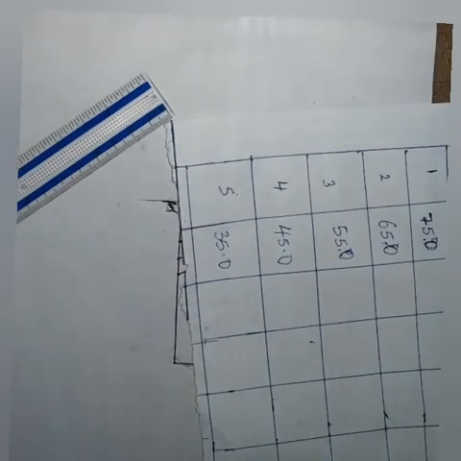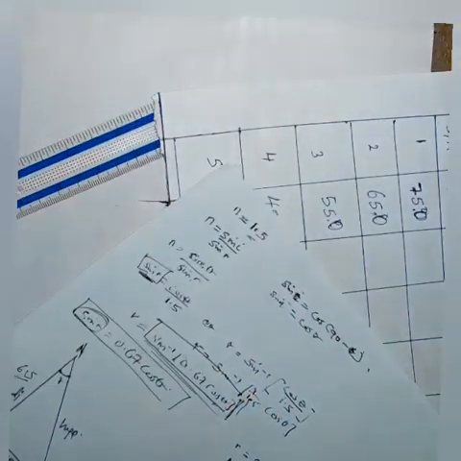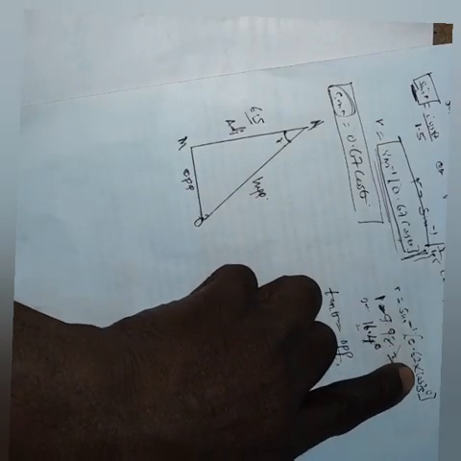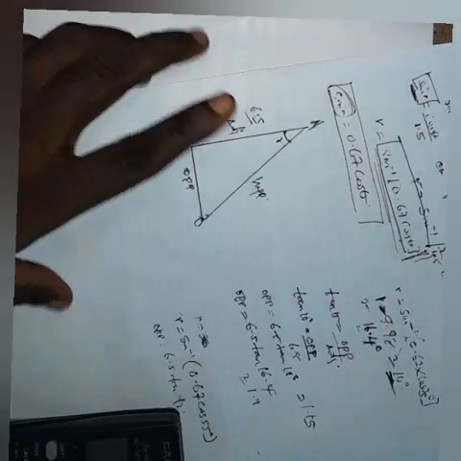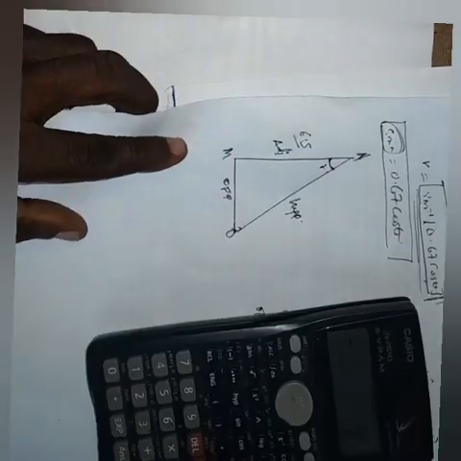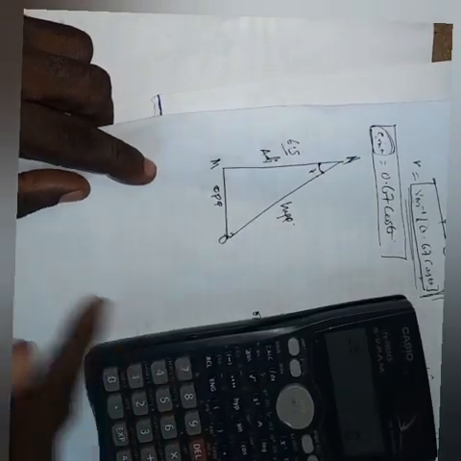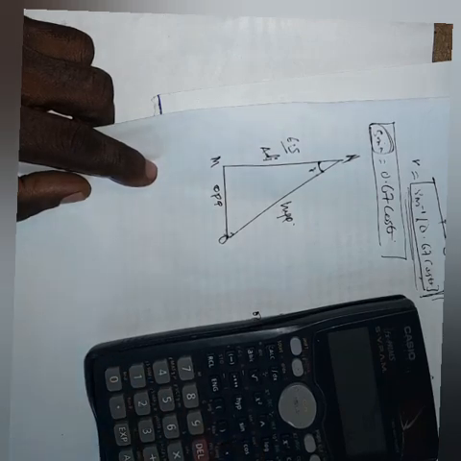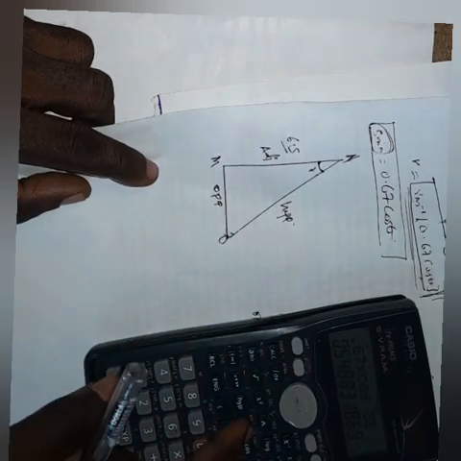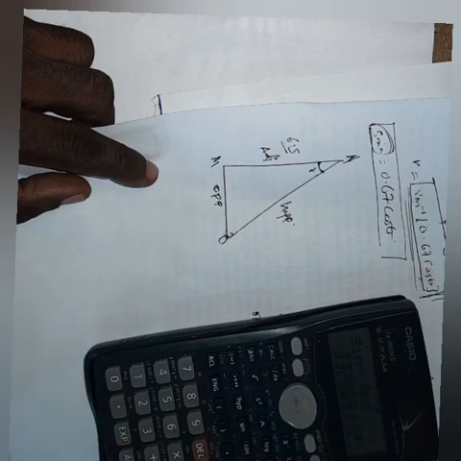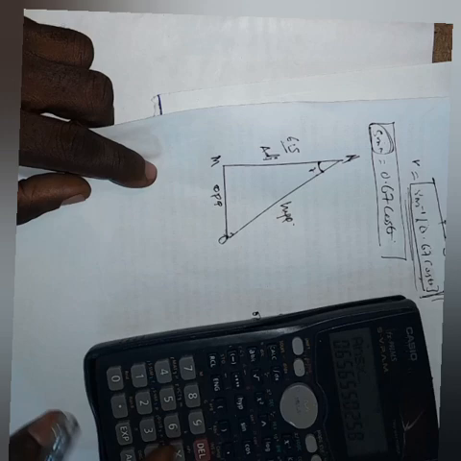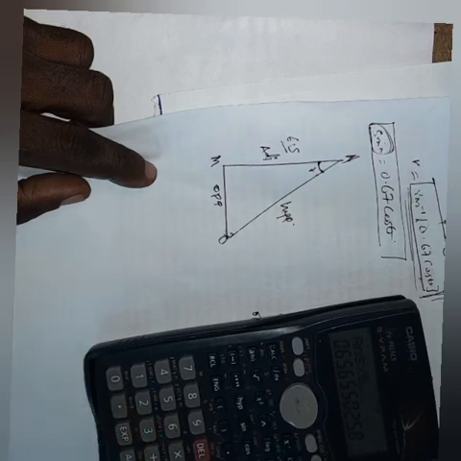Now, the next is 35. So what do I do? Our formula still remains the same. 0.67 times cos the angle. So that's cos 35. So I'm going to do 0.67 times cos 35. That's the last angle. That gives me this. I'll press shift sine answer. That gives me this. Now press tan answer. That gives me this. I'll multiply it by 6.5.